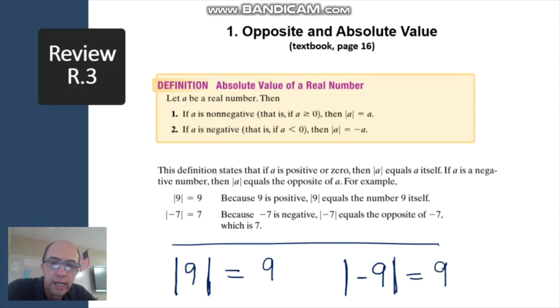So this function, absolute value, will just remove any negative signs from the number. The result will always be 0 or a positive number.